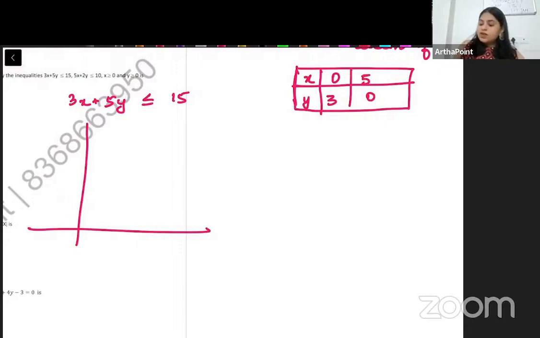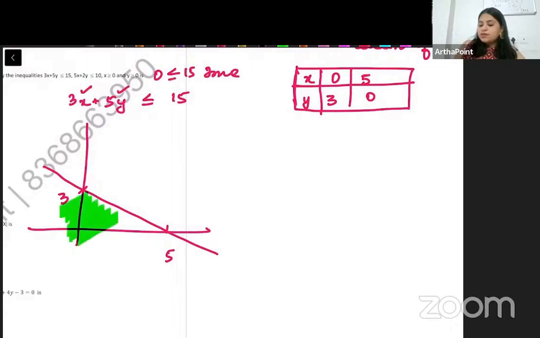So you will get a line something like this. This will be 5 and this will be 3. If you put 0, 0: 0 less than equal to 15, this is a true statement. So you will shade towards the origin, right?